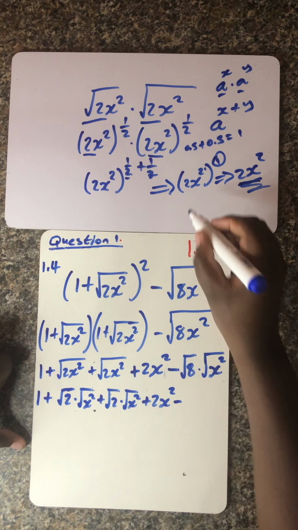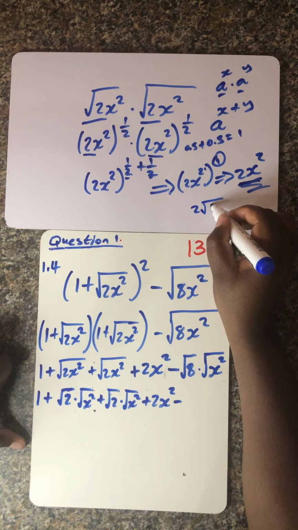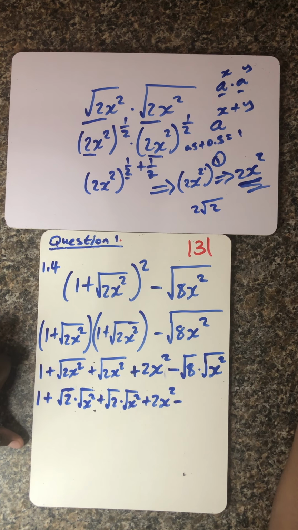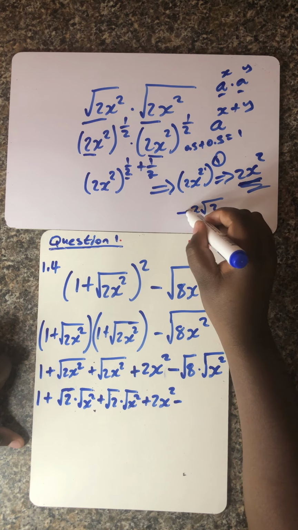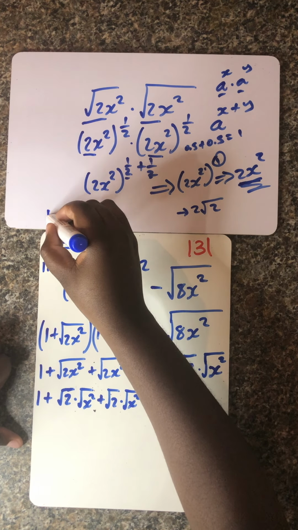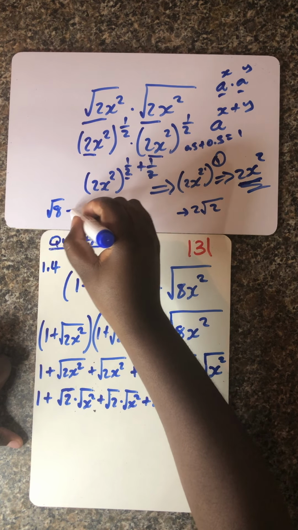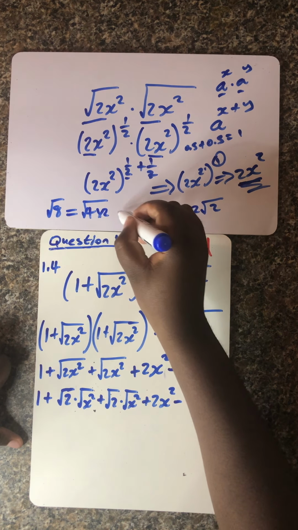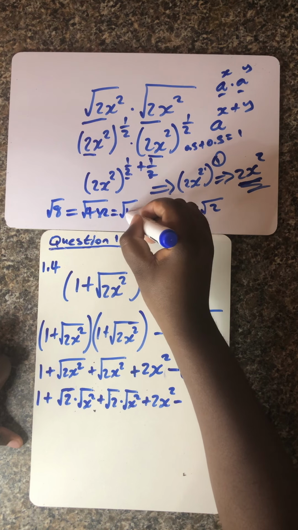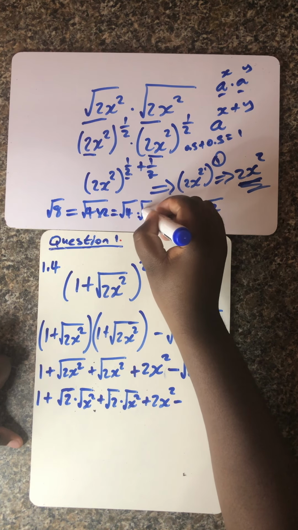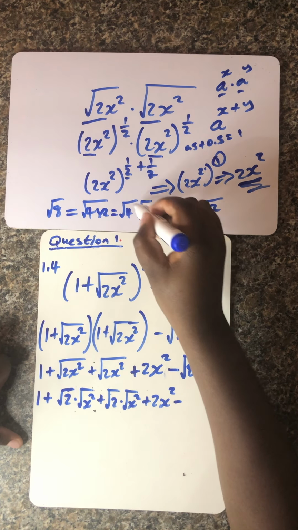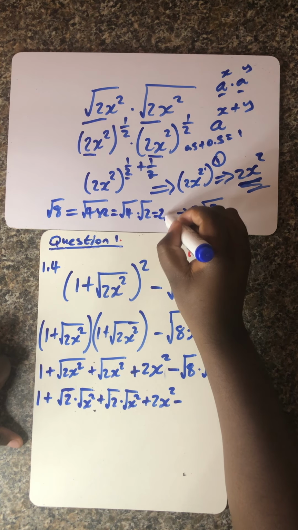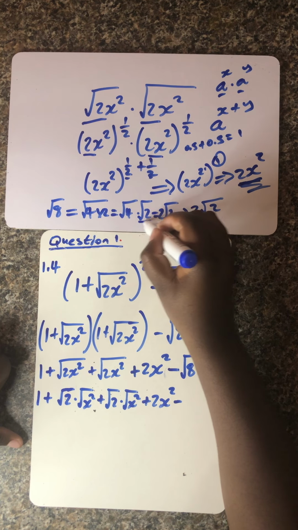If you punch this on a calculator, I'm sure you're going to get something like this. Where is this coming from? It's because you're having square root of 8, which is the same as square root of 4 times 2, which is the same as square root of 4 times square root of 2, which is the same as, square root of 4 we know is 2, and then square root of 2.